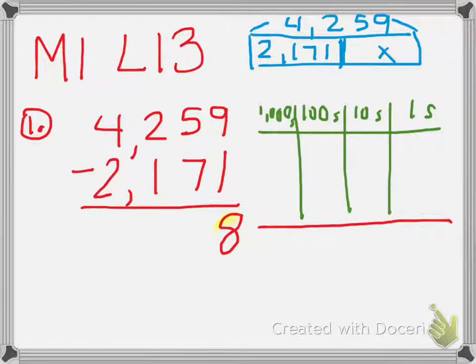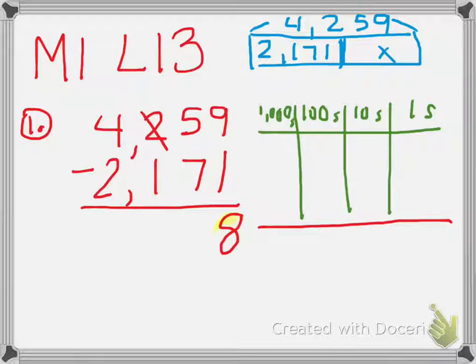All right, now we move to our tens place. 5 take away 7. 5 is smaller than 7, so we cannot take this away. So what we need to do is move to the hundreds place. I'm going to cross off the 2 in the hundreds place because I need to give one of those to my tens place.